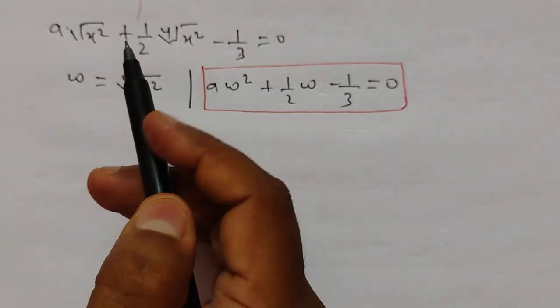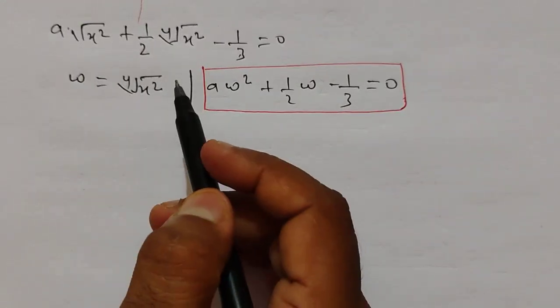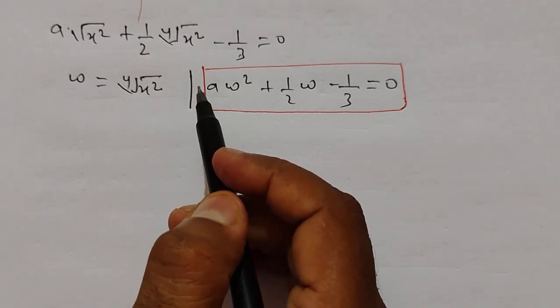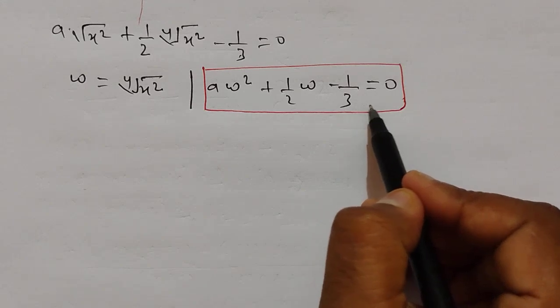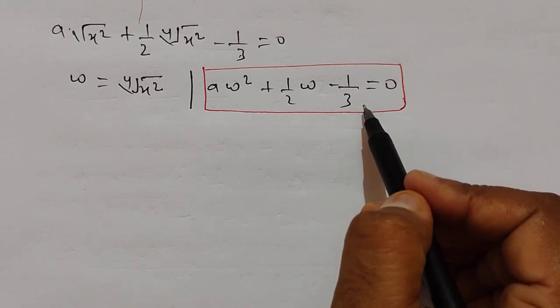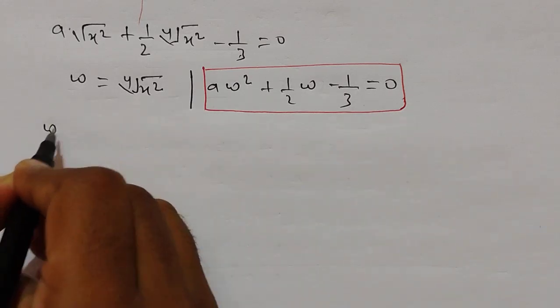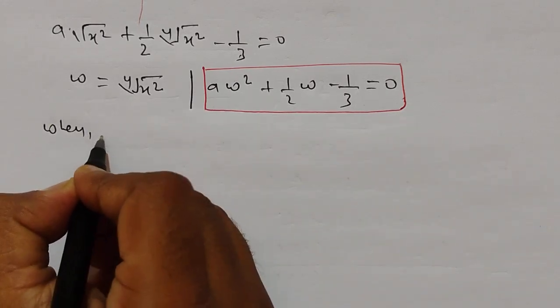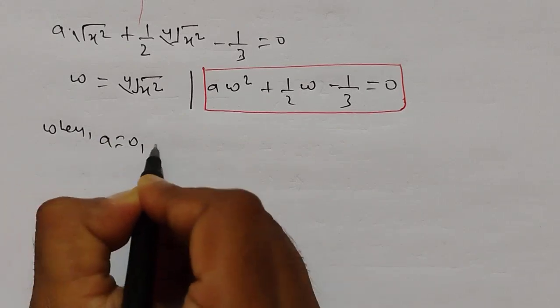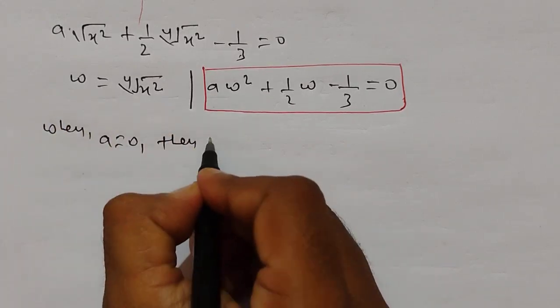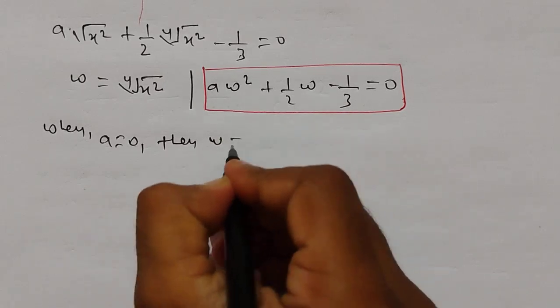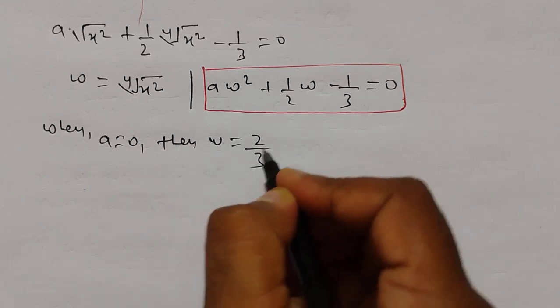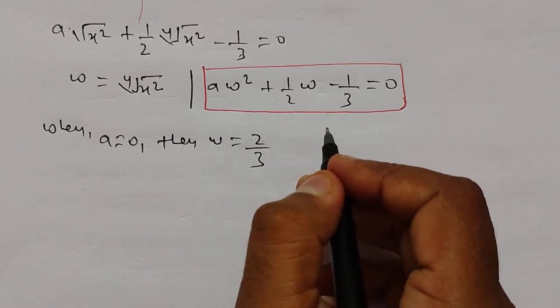And now the original equation has exactly two distinct real solutions if and only if this equation has exactly one positive solution. So when a is equal to 0, then w is equal to 2 by 3, and this is the unique positive solution for w.